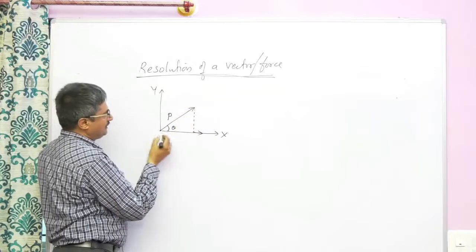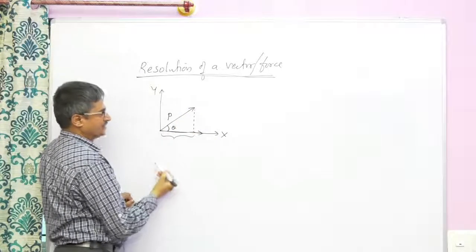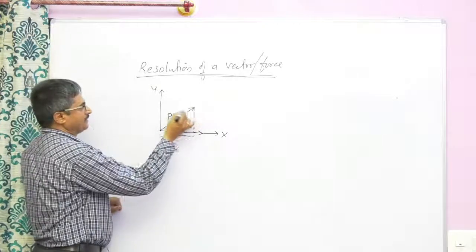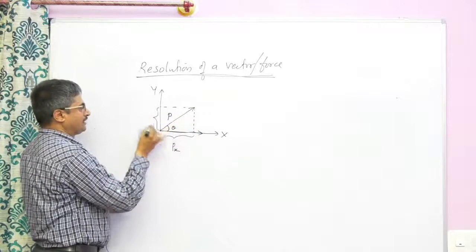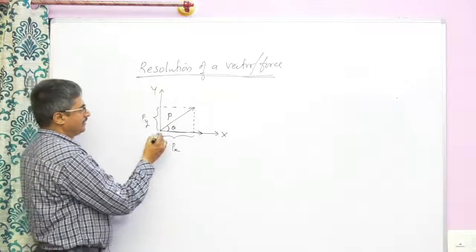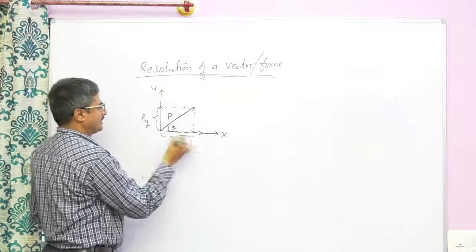The effect of vector P along the x-axis is called the x component, Px. The effect of vector P along the y-axis is Py. We have divided this P into two vectors, Px and Py.